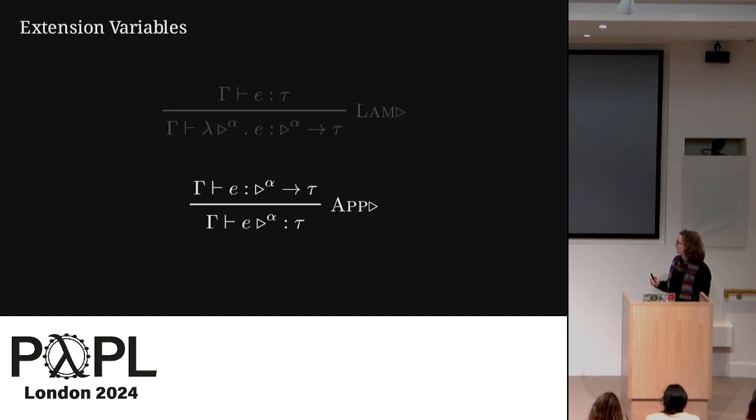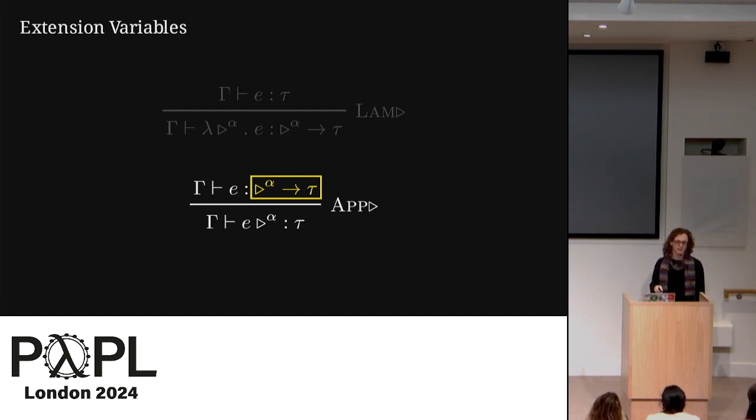So we can see that we have replaced the argument to the application with one of these arguments holes. And the key thing to note here about the extensible application is that it requires its function expression to have an extensible function type with the same extension variable that it is annotated with.